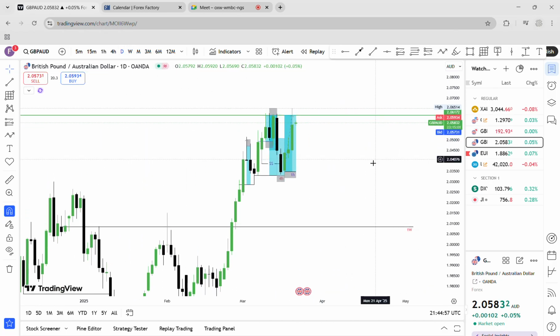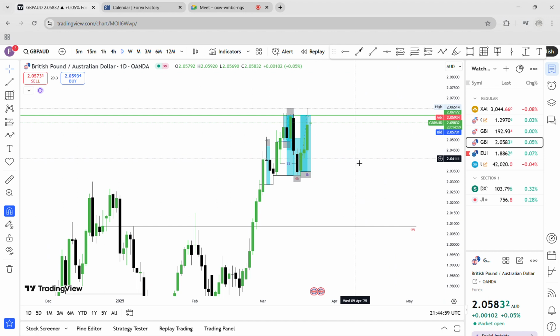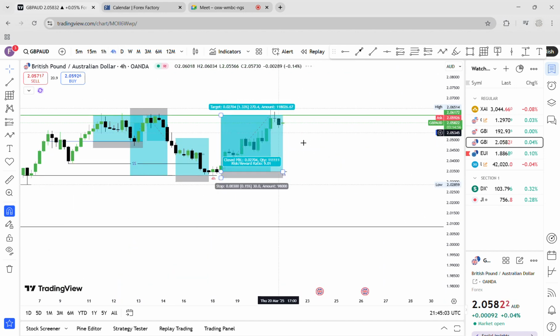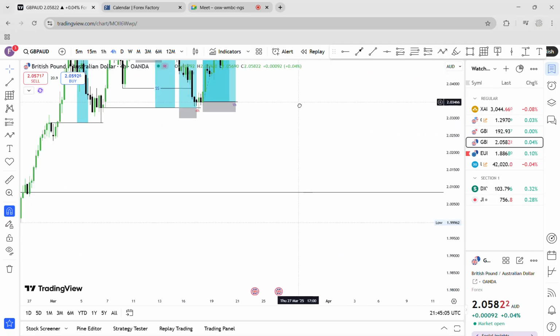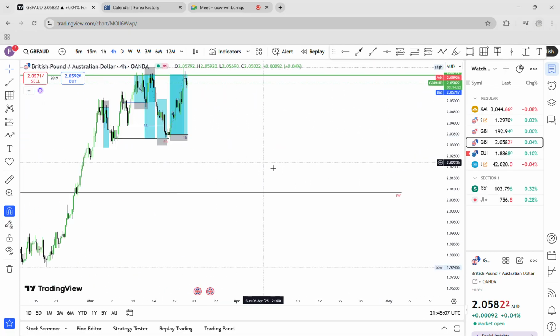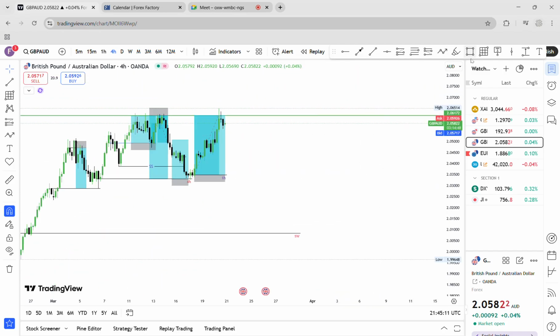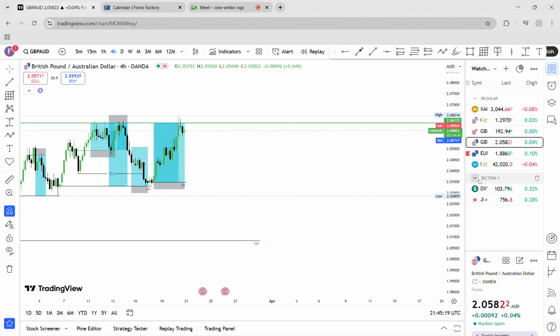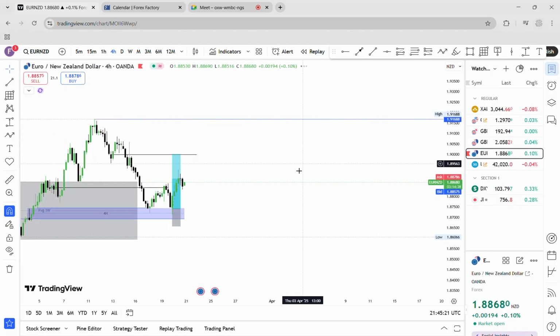So we will see by next week, Monday, if there is a setup for us to trade this market back down into this level, because this is a lot of pips. But we will see. For this week, we are done with GA.